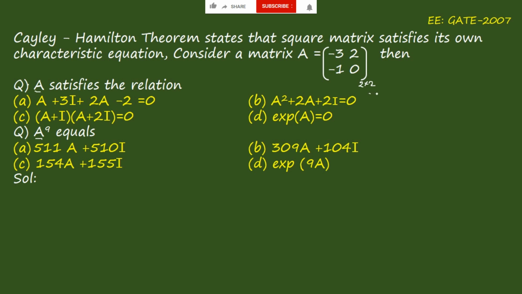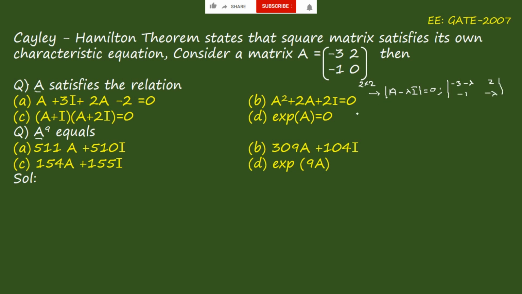First, the general characteristic equation is known as determinant of A minus lambda I is equal to 0, right? We know that A is the matrix given here, and I is an identity matrix. So just substitute it. We get minus 3 minus lambda, 2, minus 1, minus lambda.